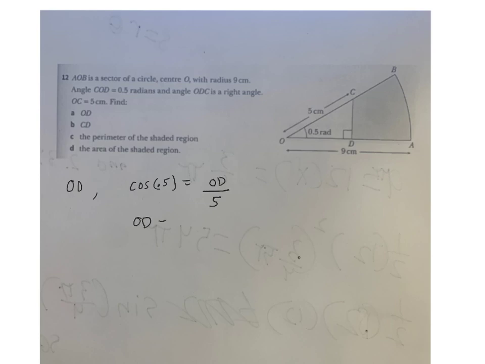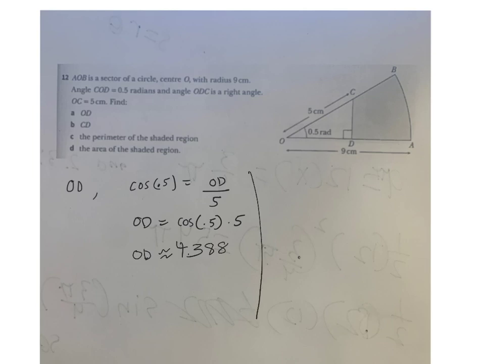So OD is the cosine of 0.5 times 5. You can throw that into a calculator and you'll get approximately 4.388, which makes sense for this.